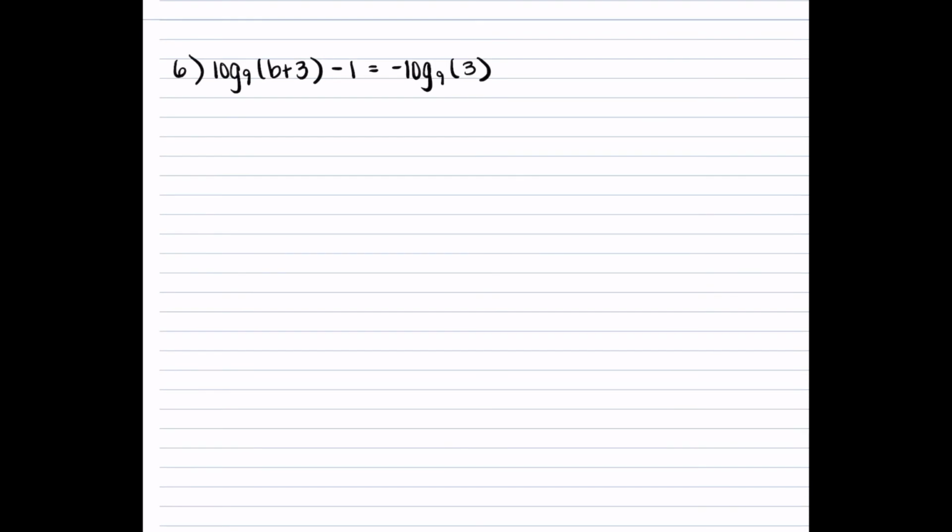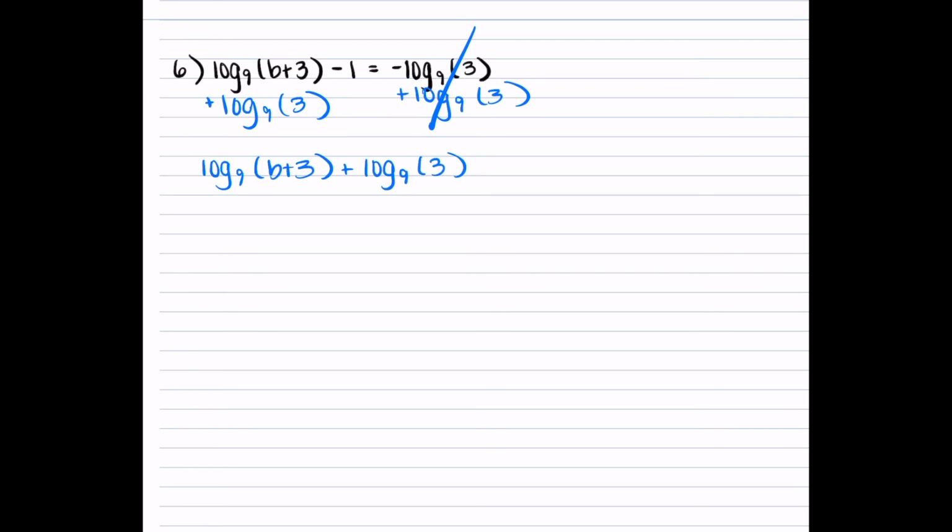So I can add log base 9 of 3 to both sides and get log base 9 of b plus 3 plus log base 9 of 3, which would just equal 1.